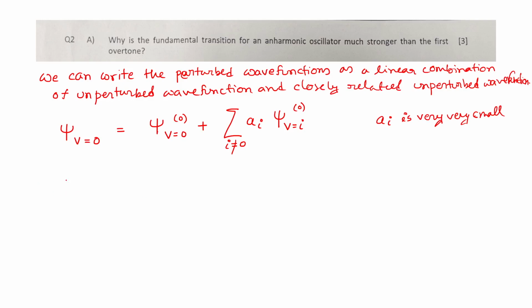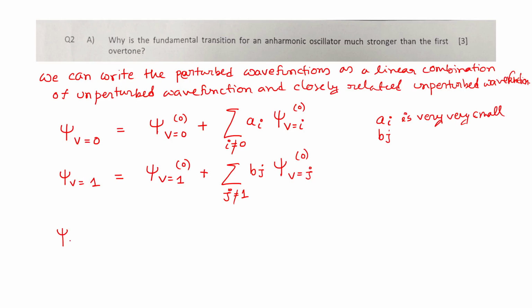This is some constant. So now if we can do that, we can write our first excited vibrational state also in terms of the unperturbed wave functions, and maybe we can take another b_j as the small coefficient. So j cannot be 1, right? Because we already took 1 here. Again, we can say b_j is small.